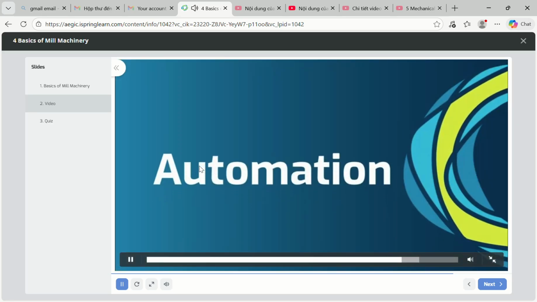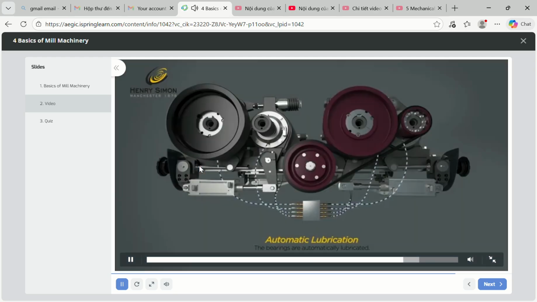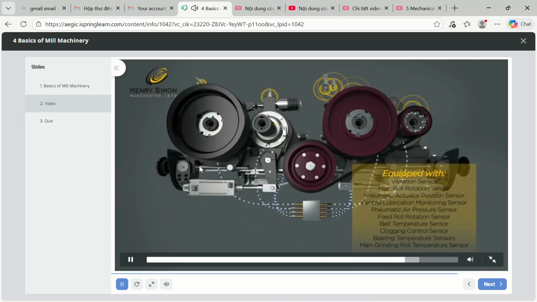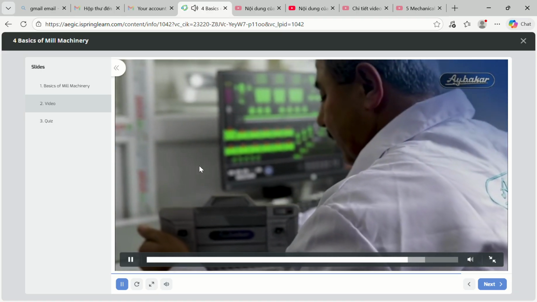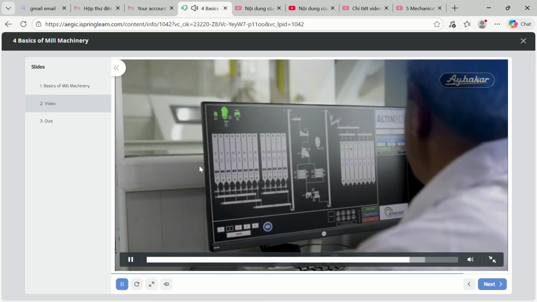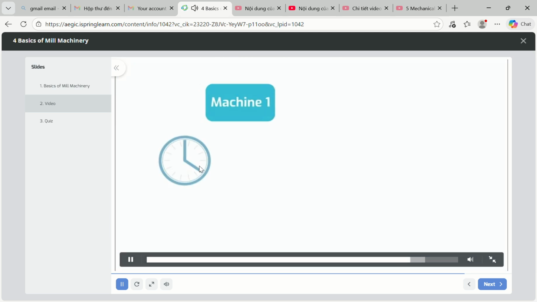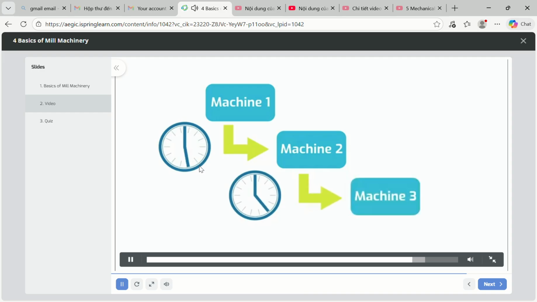Automation. Electronics and sensors enable the automated control of processes. For example, a mill startup process needs to happen in a specific and sequential order. Sometimes there must be a time delay between one machine and the next being turned on.